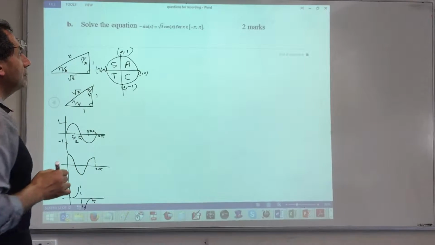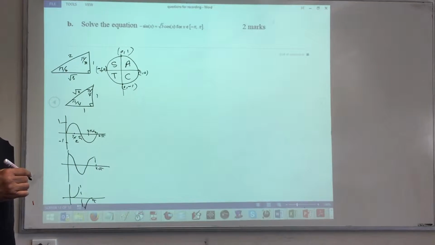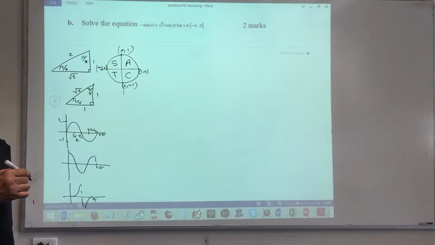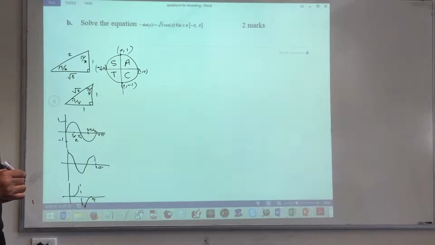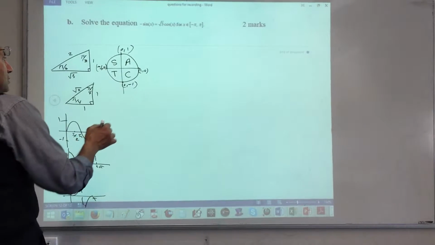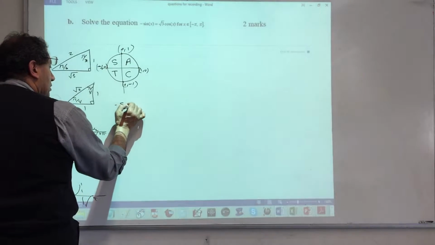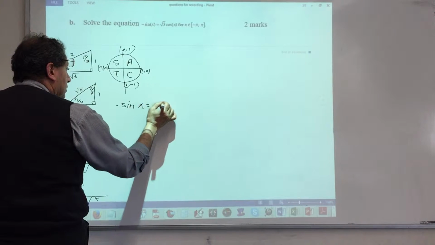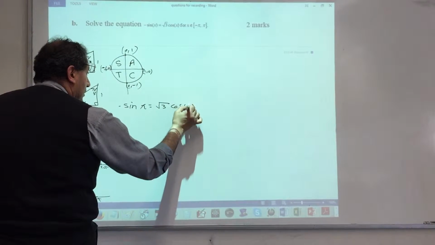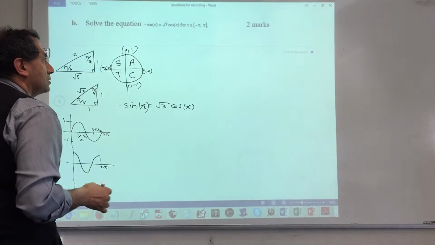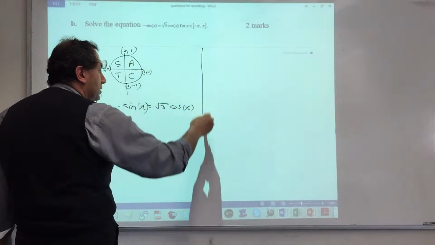We need to find solutions for x between minus pi and pi inclusive for the equation minus sine x equal to √3 cos x. So minus sine x equals √3 cos x. A good idea for such a question is to divide your answering space.